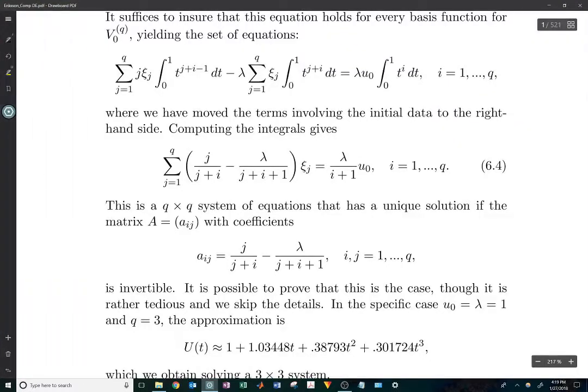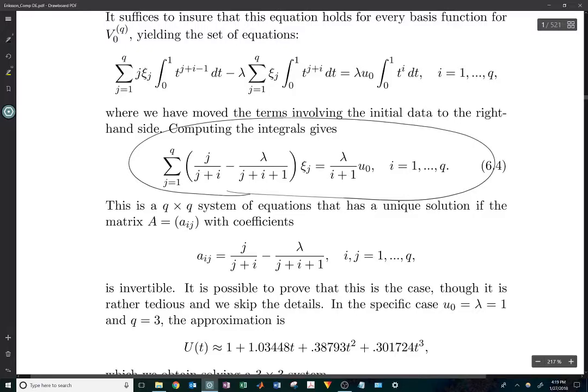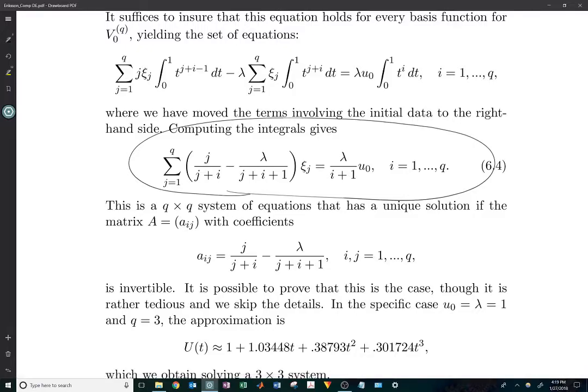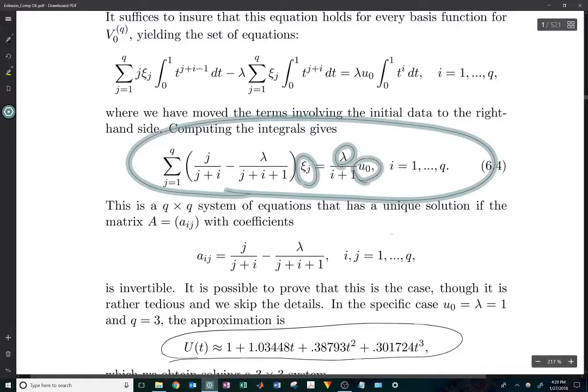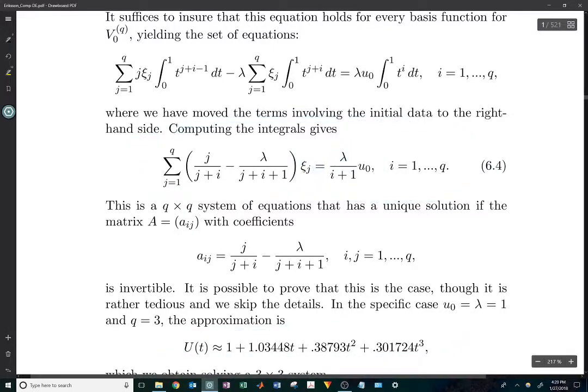So this formula over here, 6.4, tells us what these xi should satisfy. It gives us a system of equations in terms of the xi's, and of course we've got this lambda and this u0, but we actually solve for specific values here. Down here they derive this Galerkin approximation capital U, but we'll derive it as well because, I don't know, why not? Might as well.